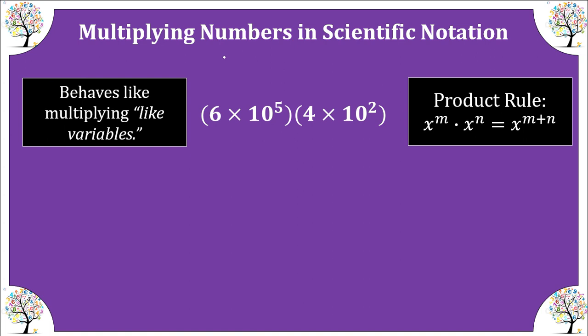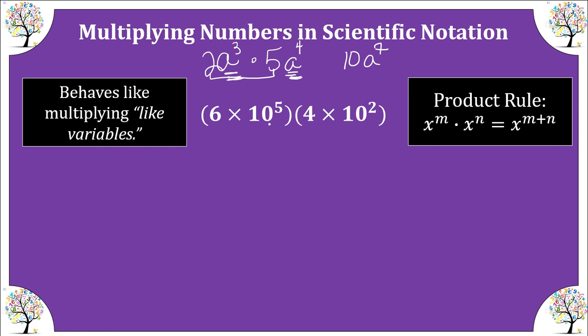For example, if we have 2a to the third times 5a to the fourth, we would multiply the 2 times the 5 and get 10. And then we have the same base raised to an exponent, and we would apply the product rule and add 3 plus 4, which is 7.